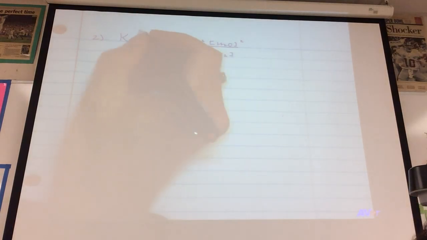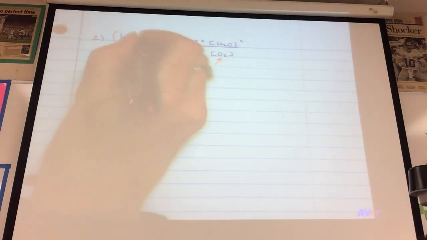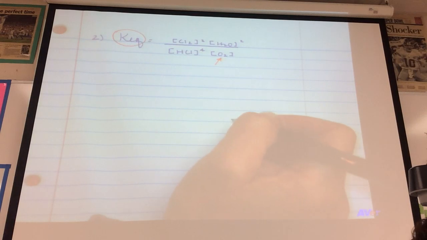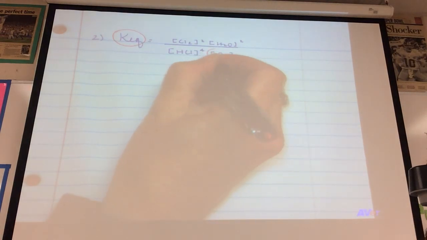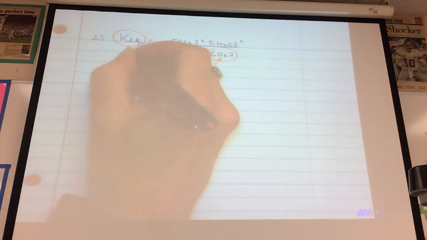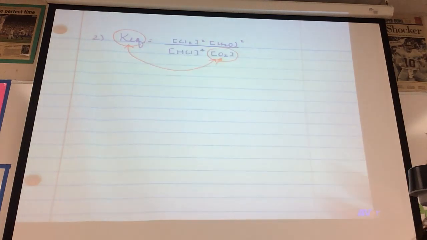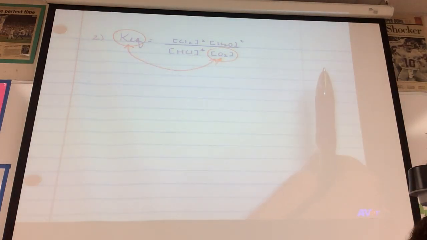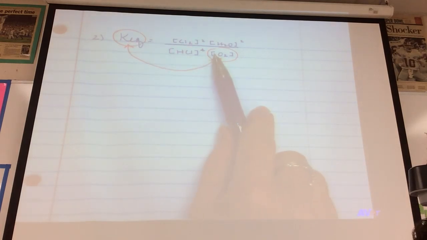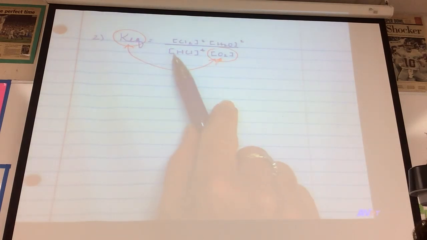Early in the year, we talked about how you can interchange a numerator on one side of the equation with a denominator on the other side of the equation. If you don't feel comfortable with it or you don't trust it, by all means cross multiply and solve. You'd have to cross multiply, you'd have to divide by these two on both sides.